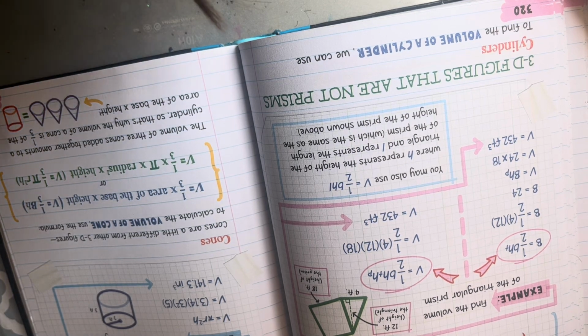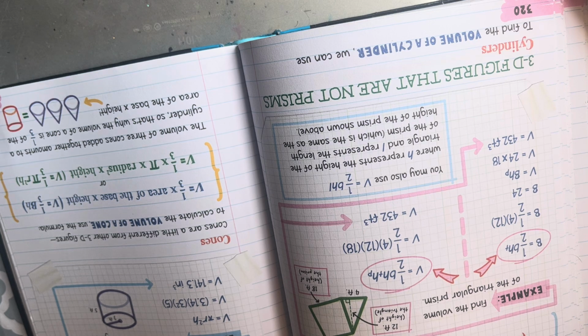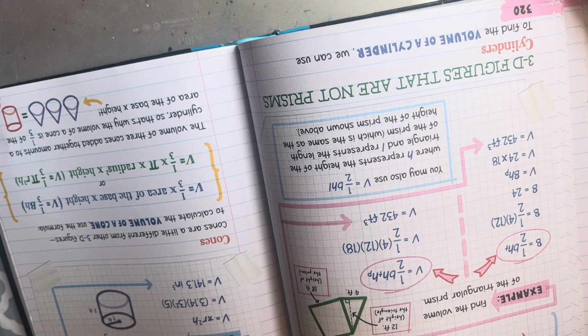In a cylinder, the base is a circle, so we use the formula for the area of a circle, A equals pi r to the power of 2, to find the area of the base.